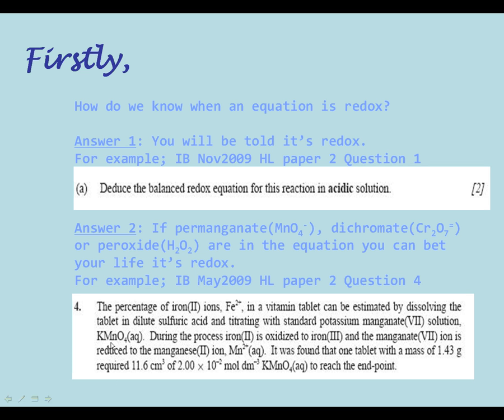The fact that potassium permanganate is being used, almost certainly this is going to be a redox reaction. In the next sentence, in fact, you're told during the process iron 2 is oxidized to iron 3 and the manganate 7 ion is reduced to manganese 2. So this is an oxidation and reduction reaction, and hence you have to use the rules for balancing redox equations to balance this reaction.